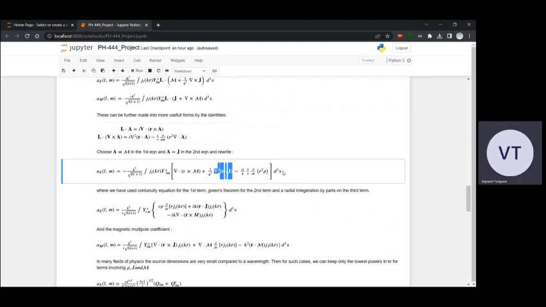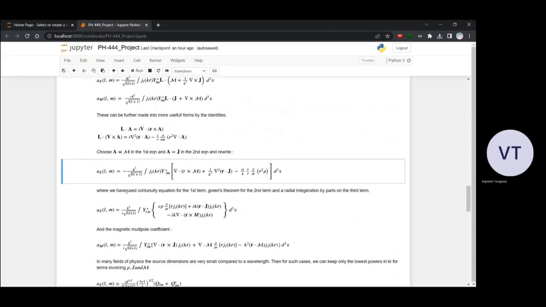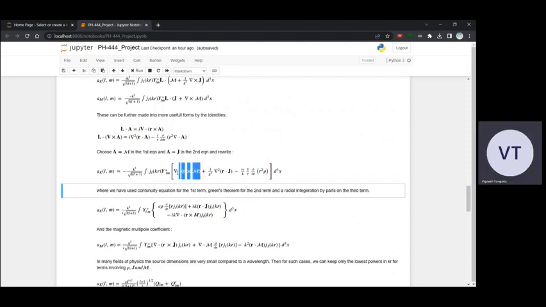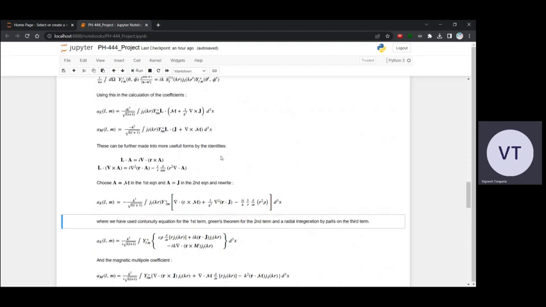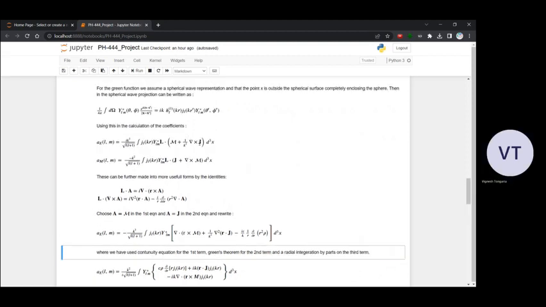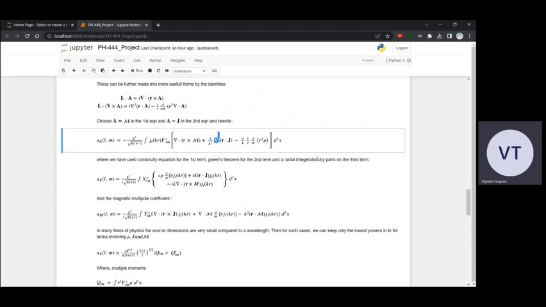So here we have written that part. In this part, for the first term we have used the continuity equation, and for the second term we have used Green's theorem, where we have converted this part to dot J, and then for the third term we used radial integration by parts.